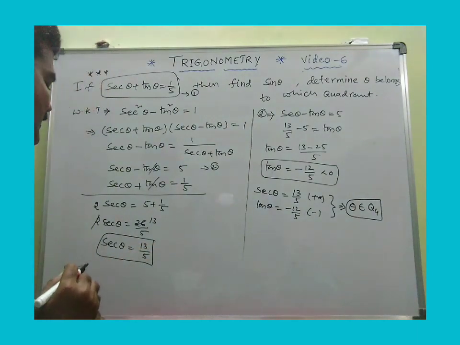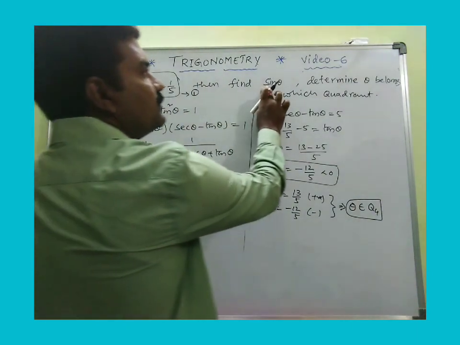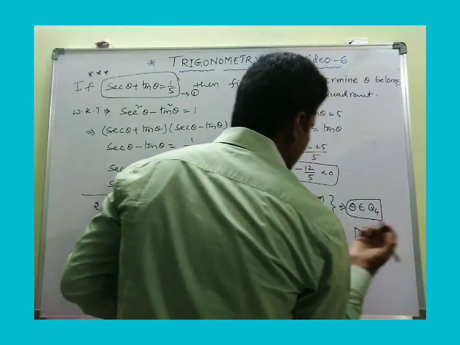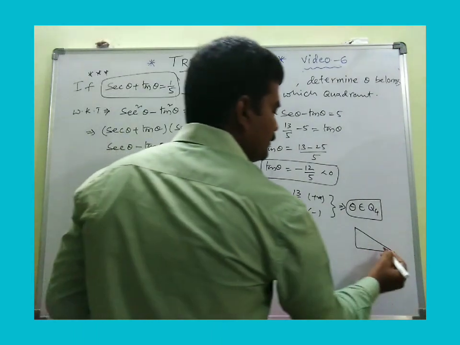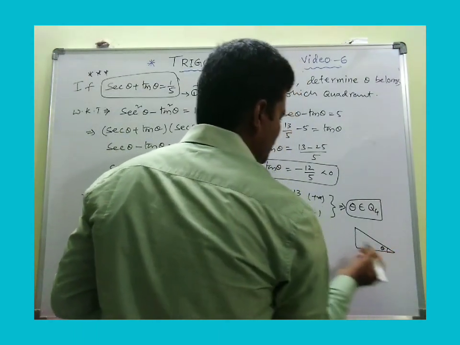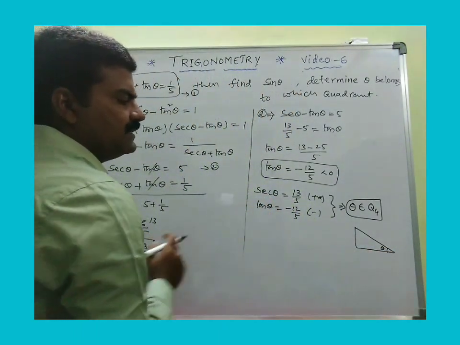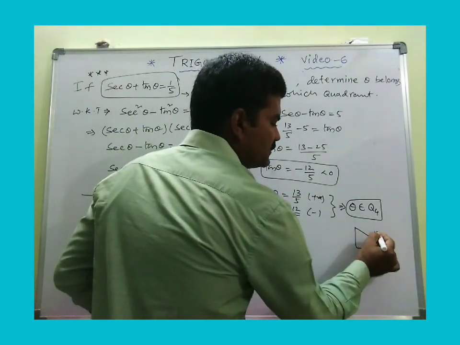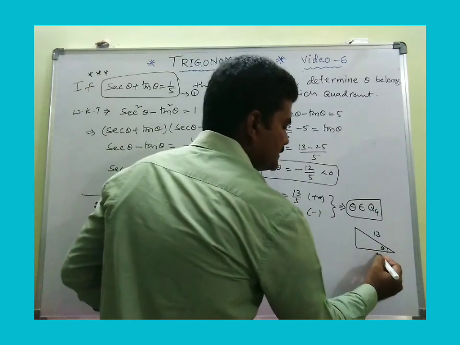Fine. Now we also want to find sin theta. So please consider a right angle triangle, and you can use any one of the angles, I mean tan or secant. If it is secant, what is the formula? Secant is the ratio of hypotenuse by adjacent, which is 5.